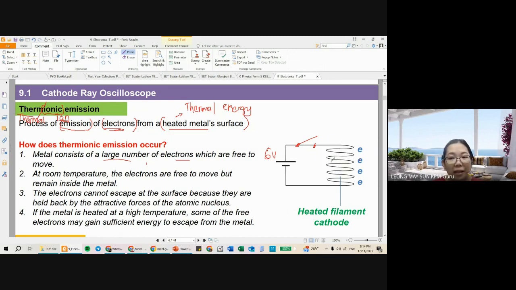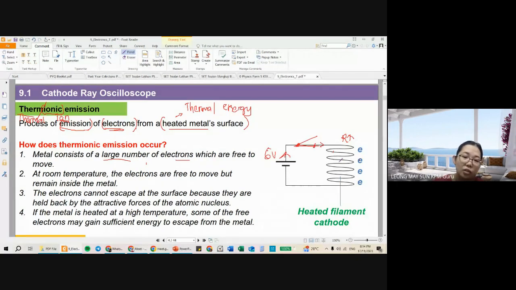So where can they get this energy to escape from the metal surface? When the switch is on, current starts to flow through, but when it reaches the filament part, which has high resistance, energy is lost as heat.